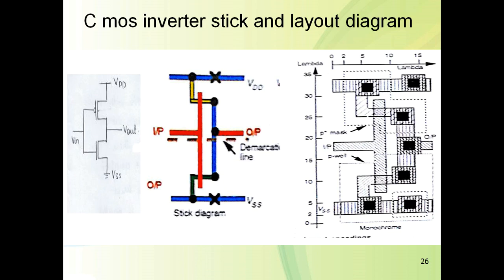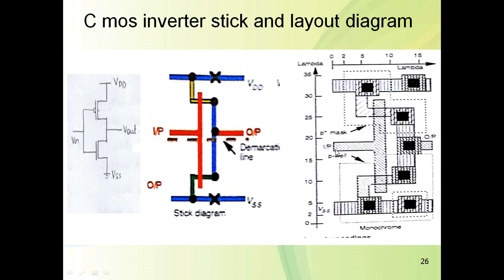This is the metal one layer, used to connect the drains of the two transistors. There is also a contact between metal one and poly, because we want the output on poly.